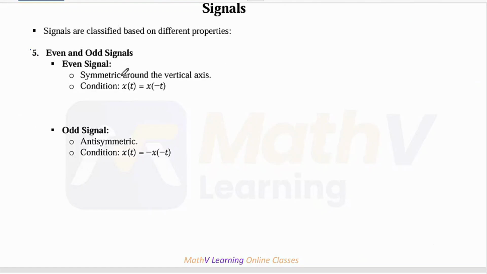Okay, how do we know whether a signal is even or odd? So what are even and odd signals? If a signal is symmetric around the vertical axis, that signal is called an even signal. Okay, say I have a signal like this.